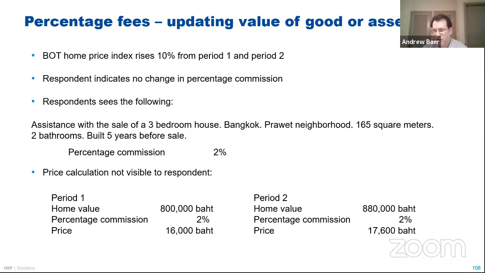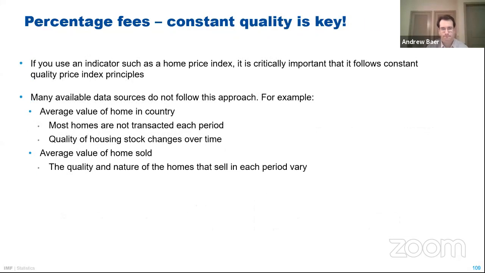It's a big advantage if you can get this kind of data from another price index or from maybe a third-party data source rather than from the companies directly. But remember, constant quality is key. So sometimes you find data that's the average home price in Jakarta.